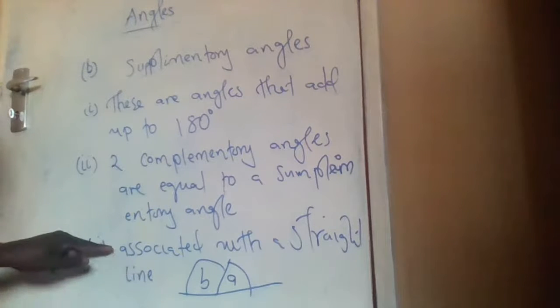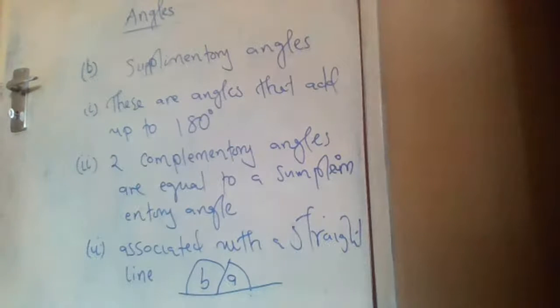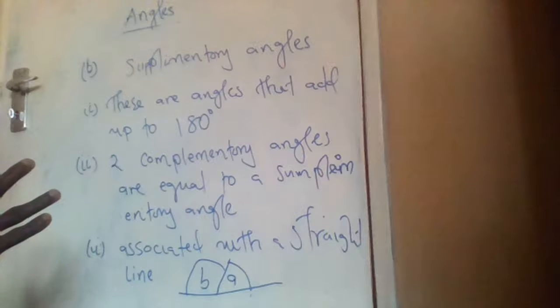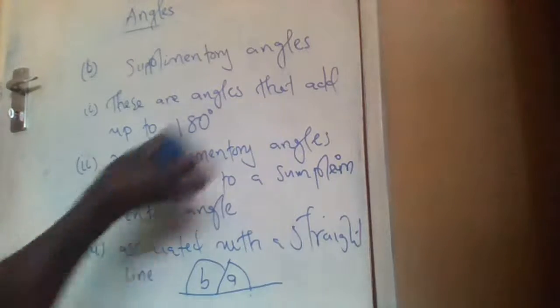That is the point I meant to say. They are associated with a straight line. Angles on a straight line add up to 180. So these points are very much important when we're looking at supplementary angles.